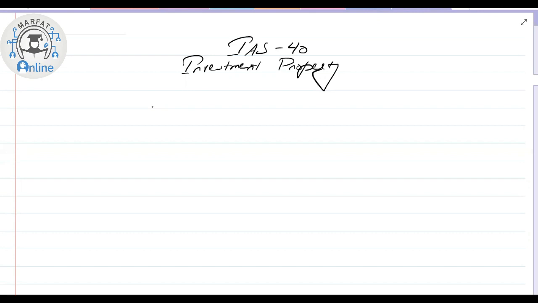IAS-16 is also a tangible non-current asset. But IAS-16 tangible non-current assets are for business use. So we are using those assets in IAS-16 for generating revenue through use, either in production or to provide services.